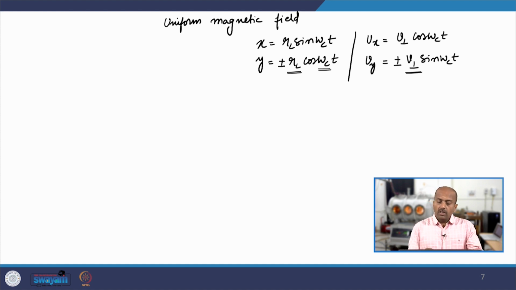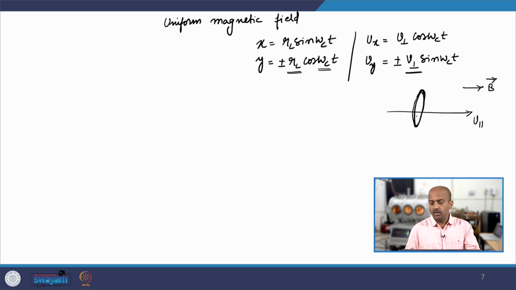Now, most importantly, as long as there is no electric field, the particle will keep gyrating at a fixed position if it does not have any component of velocity which is parallel to the magnetic field. So, if you have V parallel, and if this is the magnetic field, the particle will move in this circle.